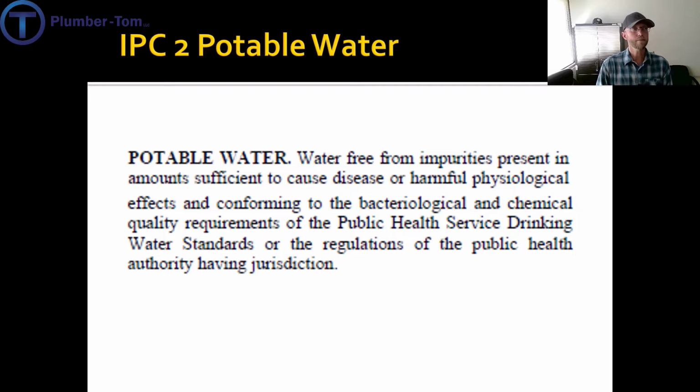So that doesn't mean it's perfectly pure water with absolutely nothing in it. It says impurities present in amounts sufficient to cause disease or harm. So as long as it meets a certain water quality standard, it's potable water.